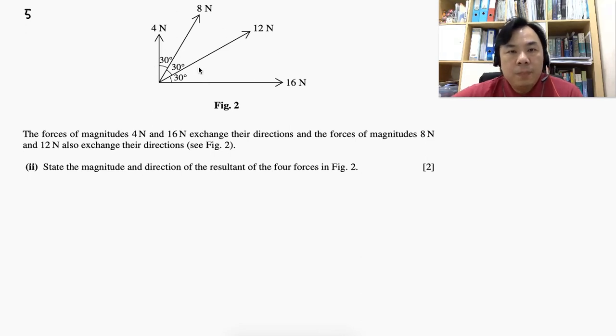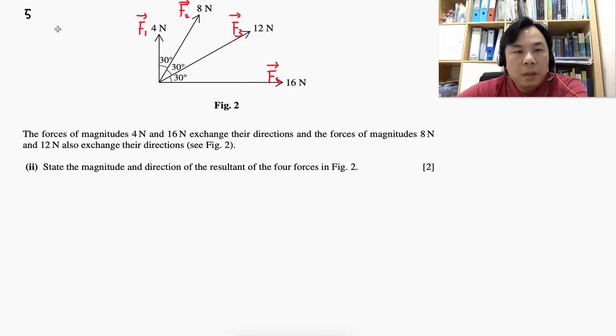So I will relabel this one more time, since we start off from the smaller one. We will label it F1, F2, F3, F4 here. Now writing them in vector form, F1 is given as (0, 4) Newton. F2 is the same thing here: 8 cos 60, which is 4, and 8 sine 60, which is 4 sec 3, very similar to the previous one.